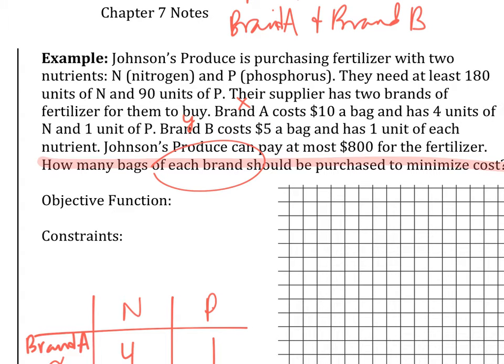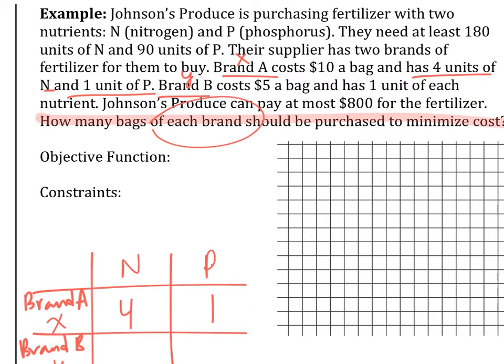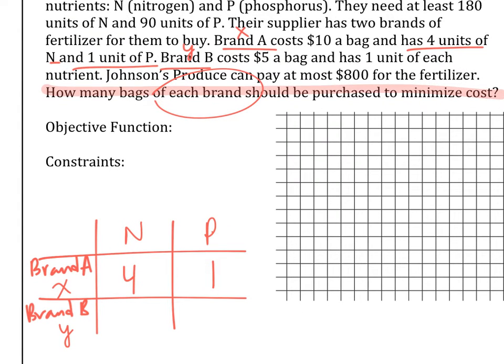Brand A has 4 units of N, 1 unit of P. So that's 4 and 1. Okay, brand B. If you buy 1 bag, how much nitrogen do you have? 1. Because this is 1 unit of each nutrient, right? So that means 1 for phosphorus as well.